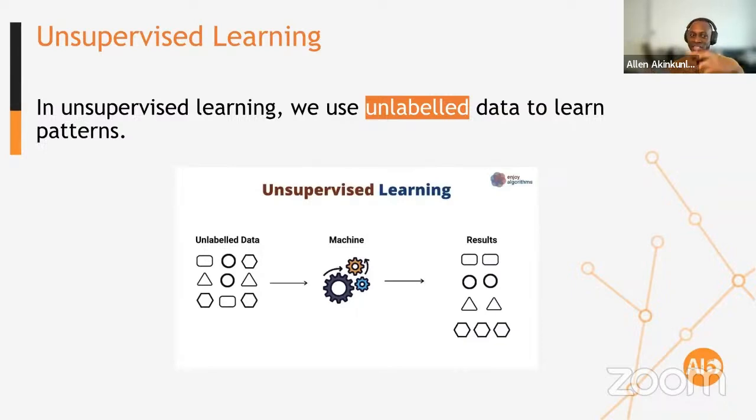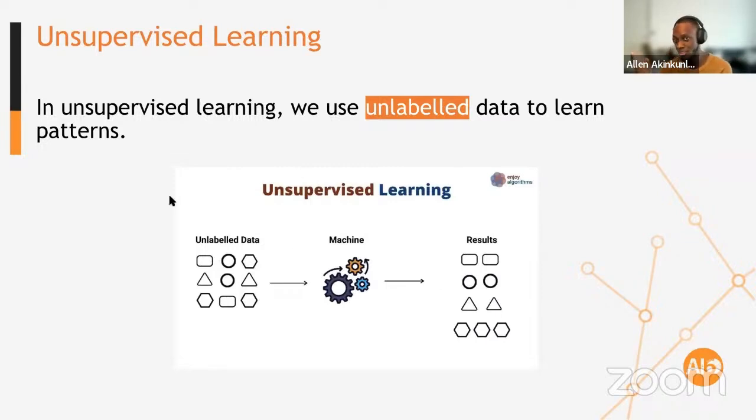You say, I don't know what labels these data points belong to, I don't have the labels, but you figure out the similarities between them, cluster them for me, put them into groups that you think make sense. That is unsupervised learning, and that is what we do here.